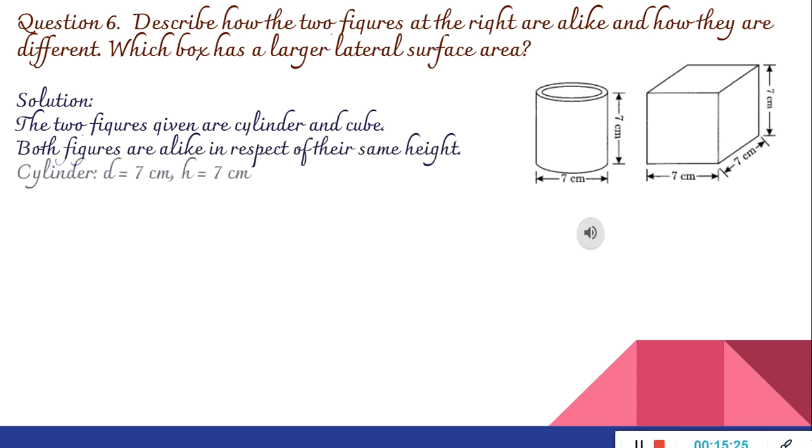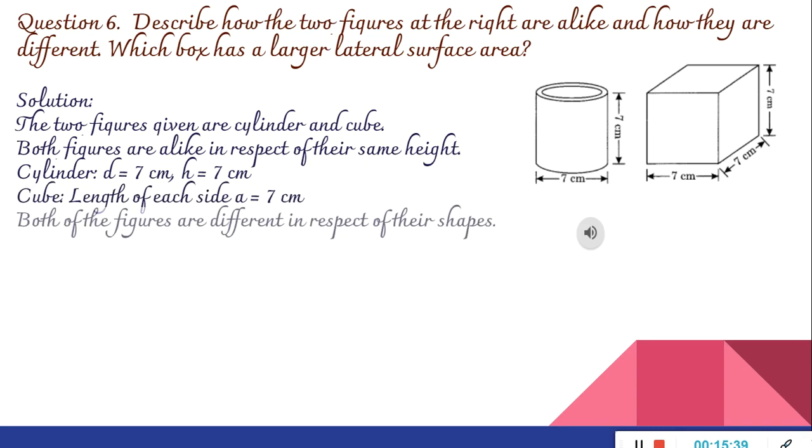Cylinder diameter D is given 7 centimeter, and height is also given 7 centimeter. Then in the cube, the length of each side A is given 7 centimeter. Both of the figures are different in respect of their shapes and similar in their height and diameter, right?